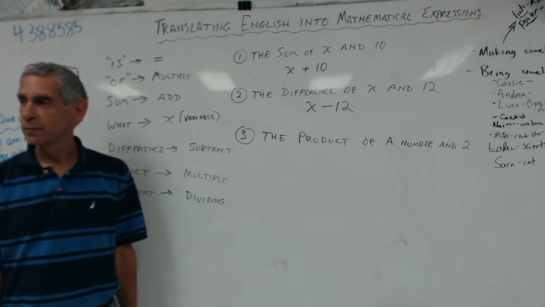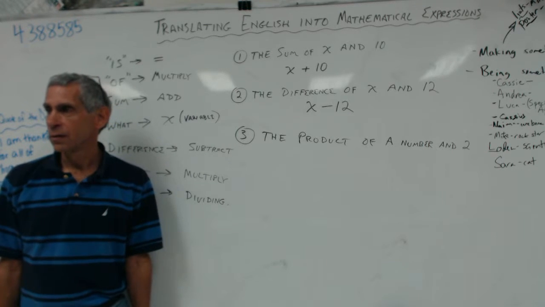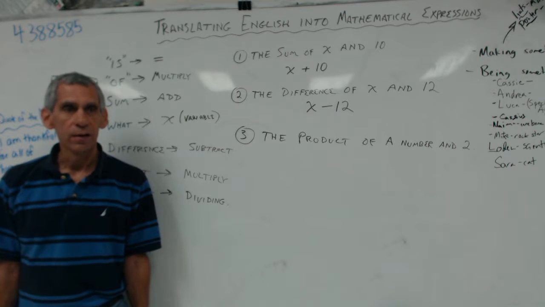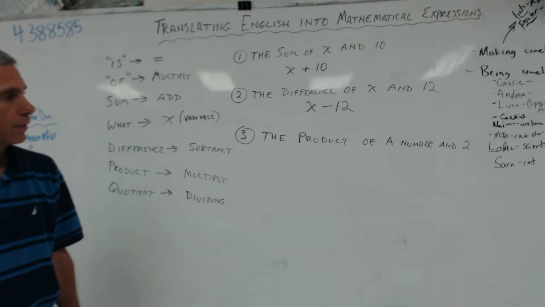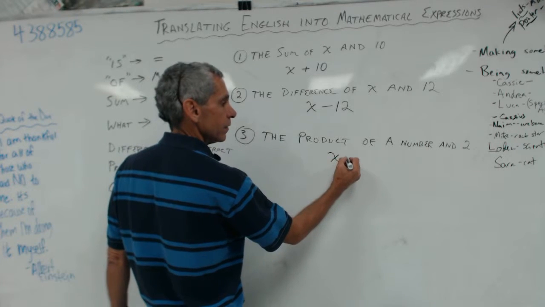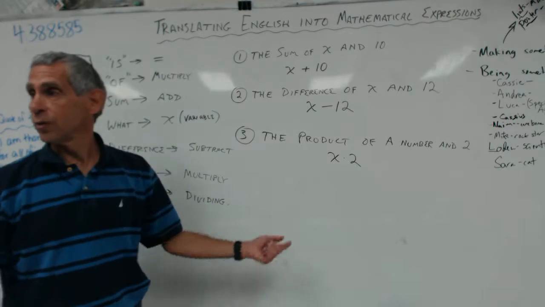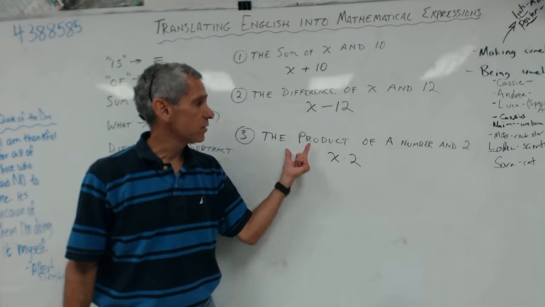What would that be? It would be x times 2. X times 2, right. Now in algebra, technically, this is what it says.